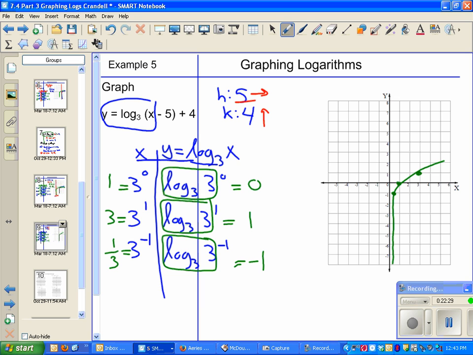Okay, now I want to take all those points and shift them over 5 and up 4. So I'll start with this one. I'm going to go over 5 and up 4. Okay, over 5, 1, 2, 3, 4, 5, up 4.